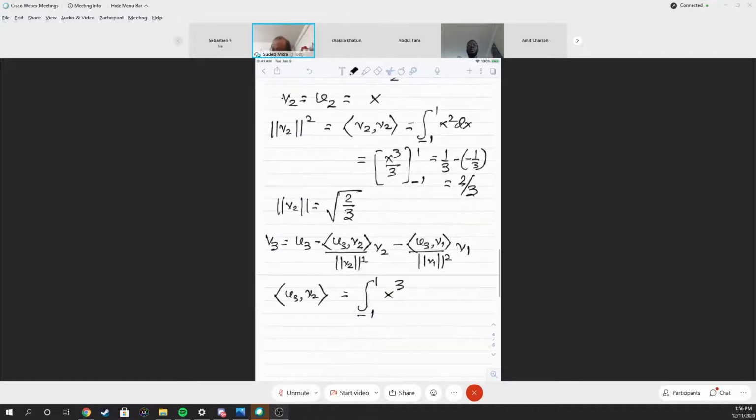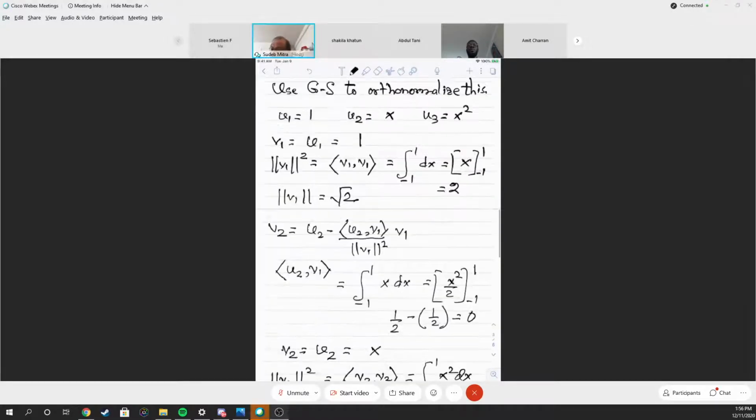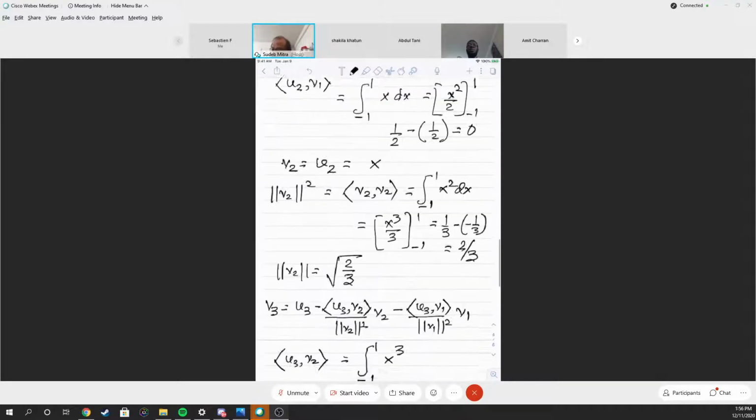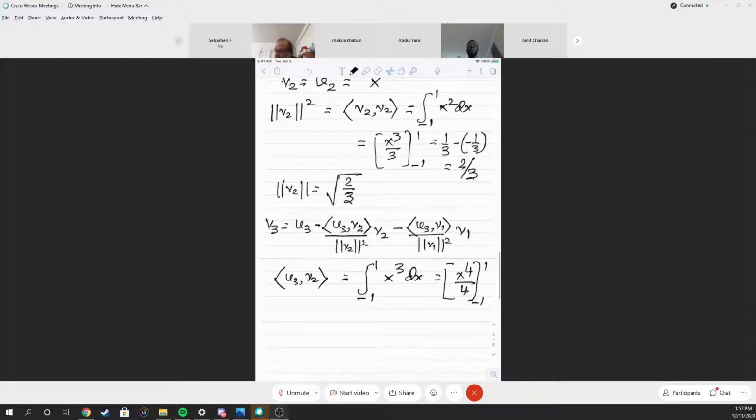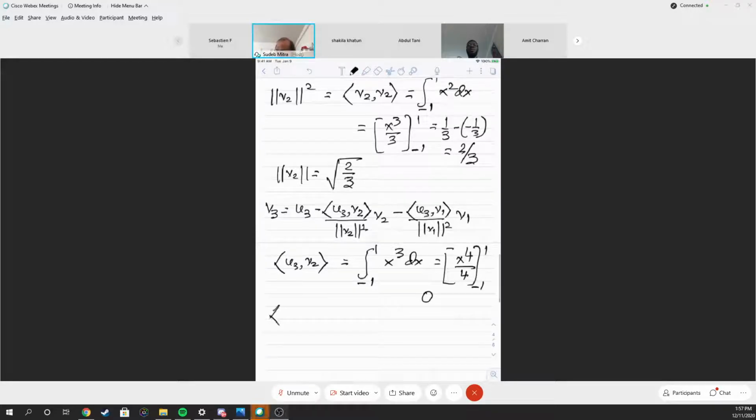Let's see, u3 is x squared, and yeah, that's right. So that is 1/4 minus 1/4, so that is 0. So then your life is so simple there.